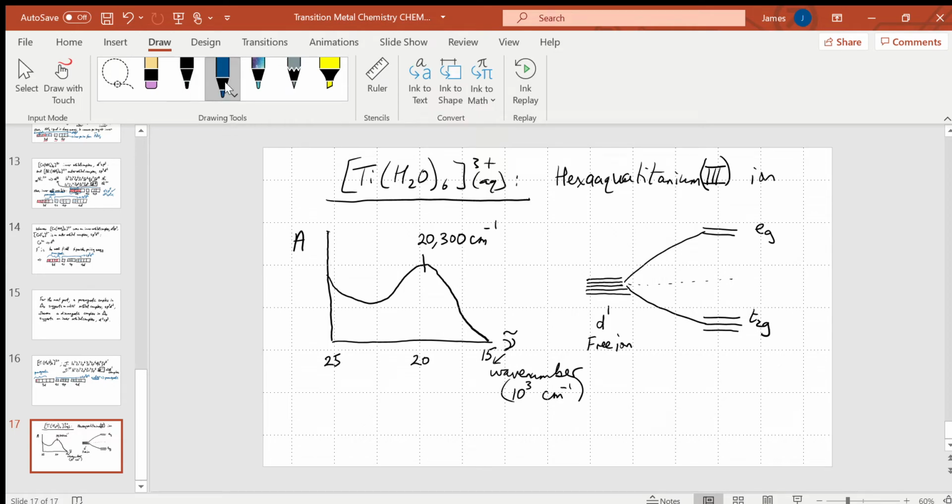So let's get our electron in here. Our d1 electron in its ground state would go into the t2g, but it can transition to the eg. So this would be split by an octahedral field.